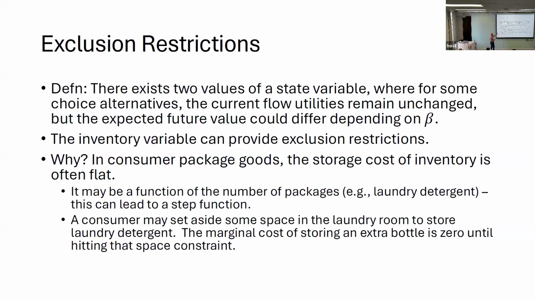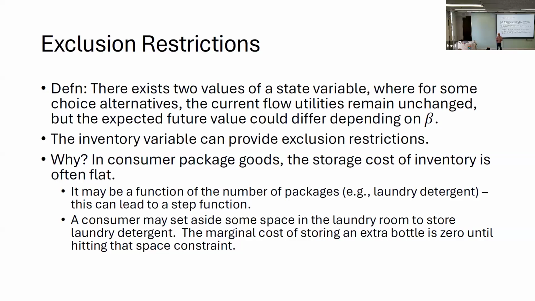But what we're going to argue is that sometimes when you make that kind of assumption, which is seemingly innocuous, that actually can rule out the exclusion restrictions that can help identify the model. In this case, if you have a storage cost in the utility function which is a continuous function of inventory, what happens is when you start consuming, your inventory runs down, your storage costs also go down, right?